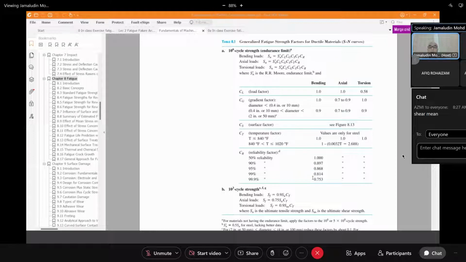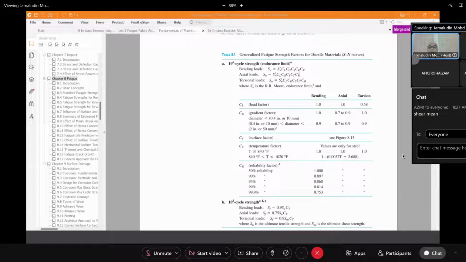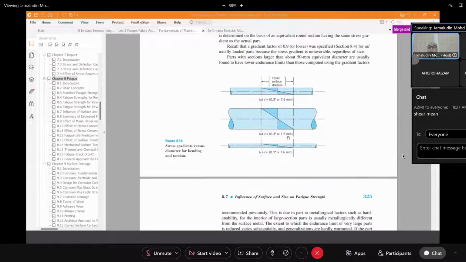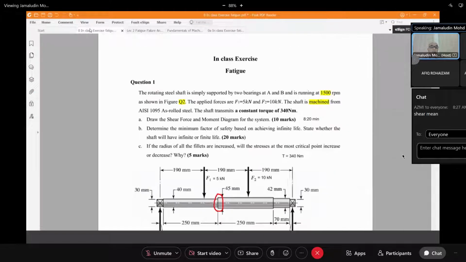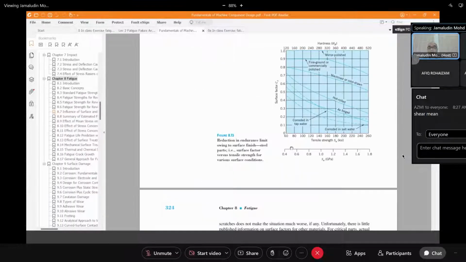The equation will be this equation. Sn prime will be 0.5 of the SUT, CL, CG, CS, and except for CL, you look for the figure 8.3, and it will be machine, because the question asks for machine.